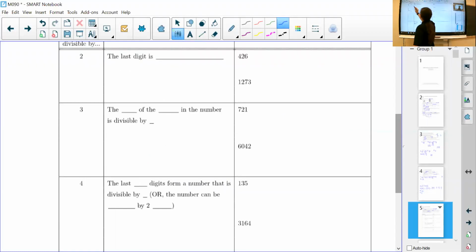For 2, a number is divisible by 2 if the last digit is even. It's a 0, 2, 4, 6, or 8. So 426. The only work that I require that you show is, okay, I know 6 is even.